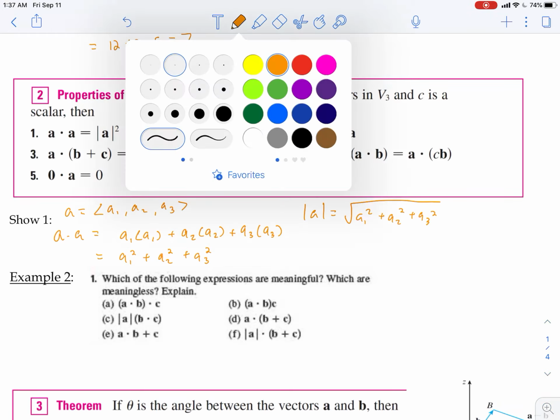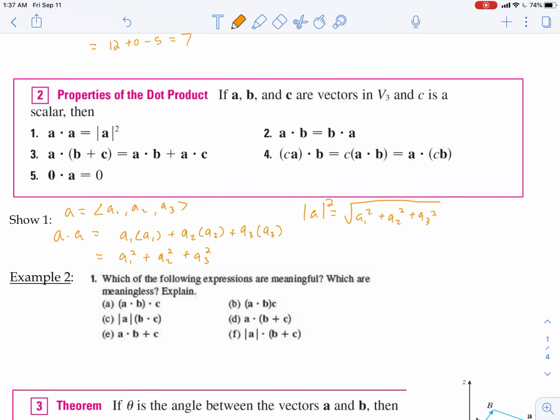Now, if I square my magnitude, I'm squaring my square root. And so therefore, that's just going to be A sub 1 squared plus A sub 2 squared plus A sub 3 squared. And the result gives us our dot product of A dot A.